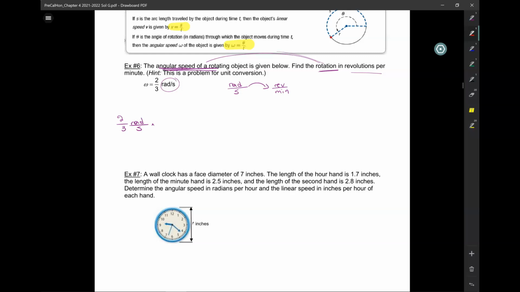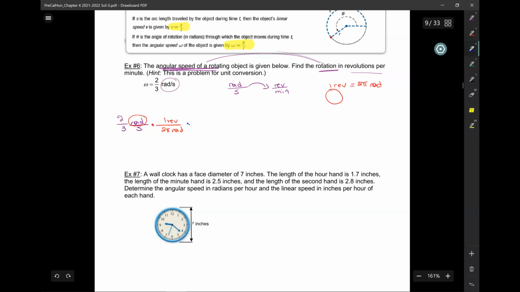So two separate operations. First, I want to convert radians to revolutions. So I multiply times a fraction bar. What's the relationship between radians and revolutions? One revolution around a circle is 2 pi radians. I bring that relationship and put it here. If radians are on top here, it needs to go on the bottom here: 2 pi radians, 1 revolution.